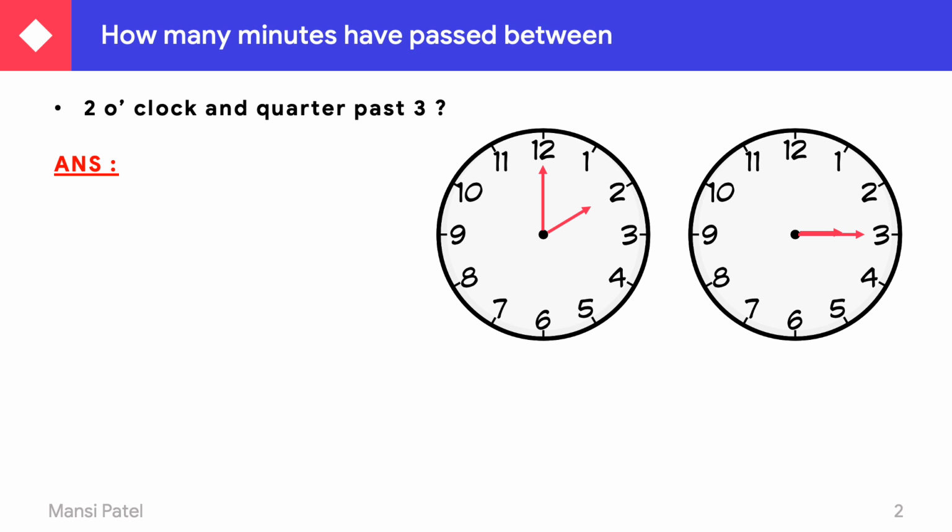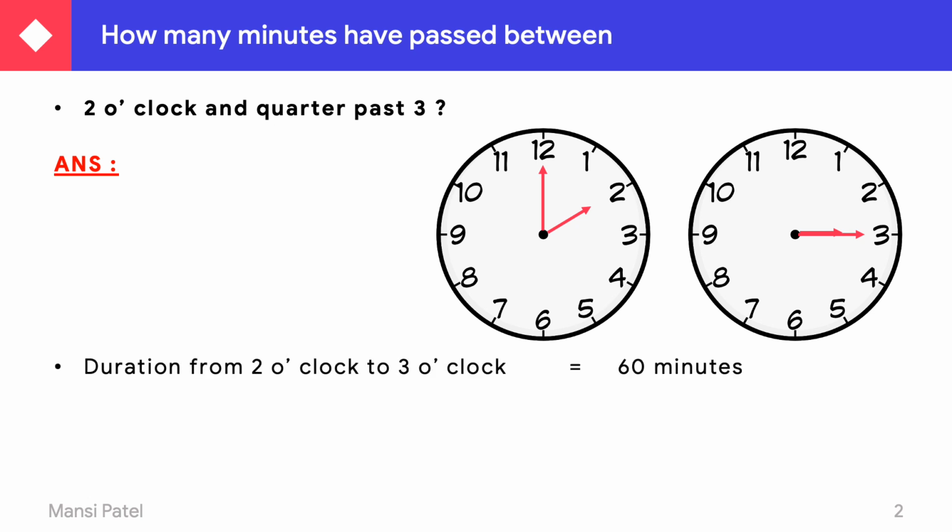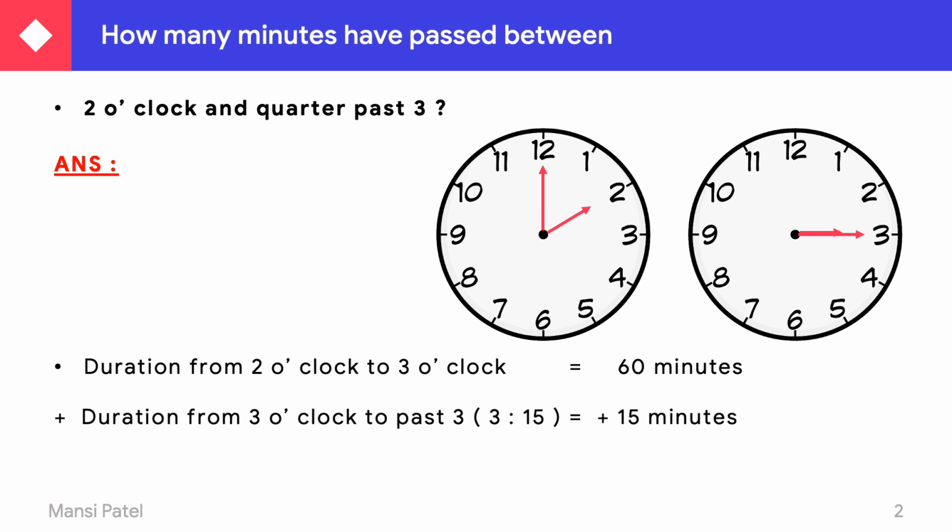Let us see first the duration from 2 o'clock to 3 o'clock. 1 hour is complete. In 1 hour, how many minutes are there? 60 minutes. Now, our time completes at 3:15, so plus the duration from 3 o'clock to 3:15.